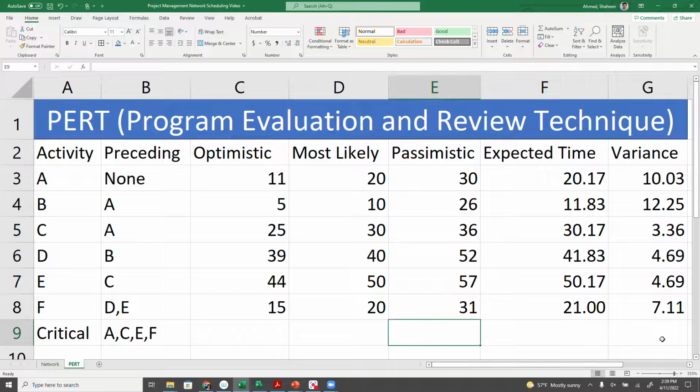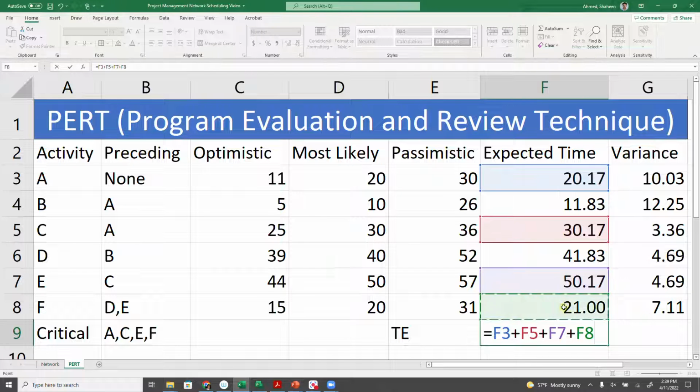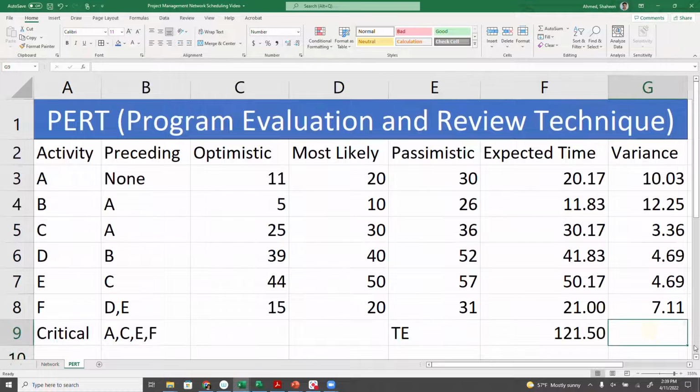Now we're going to calculate the total expected time by adding the critical path only. So A plus C plus E plus F, that's 121.5. And then the variance would be the same thing. Now we want to calculate the standard deviation, because we'll be using the standard deviation in calculating some other stuff.